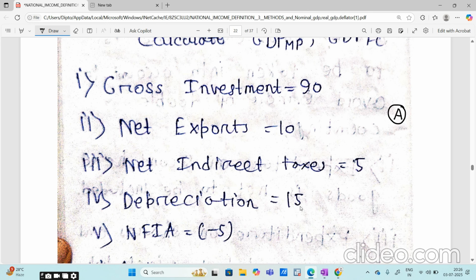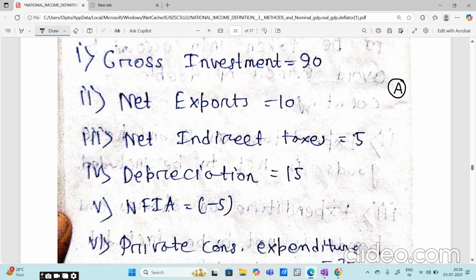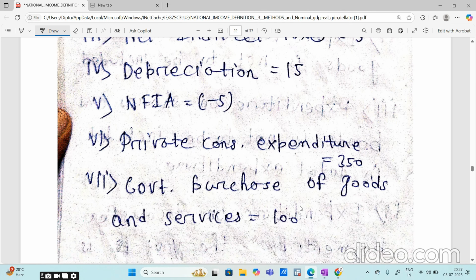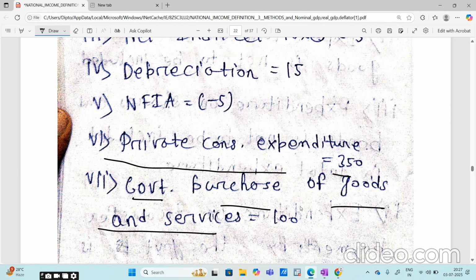That has two parts: government final consumption expenditure and personal or private final consumption expenditure. As you can see from here, private consumption expenditure is given here as 350, and government purchase of goods and services means government final consumption expenditure, which is 100. So if I add these two things, we obtain part A, which is 450.